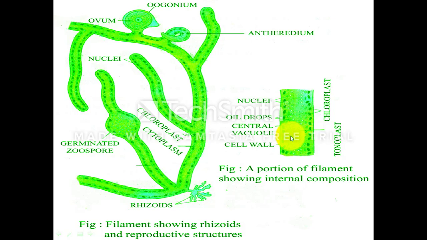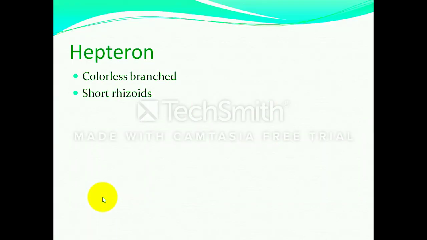A centrally located vacuole is present, and the cell wall is the outer covering of the plant body, and also the chloroplast, in which the photosynthetic pigments are present, and the vacuole membrane, called the tonoplast, is also located internally. So here is the difference between a portion of the filament and the filament showing rhizoids and the reproductive structures of the Vaucheria plant body.